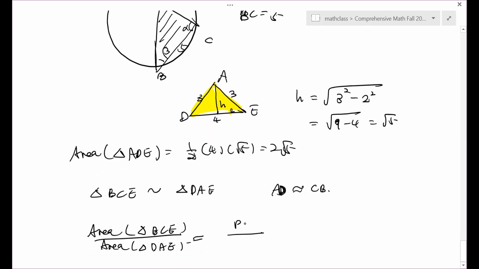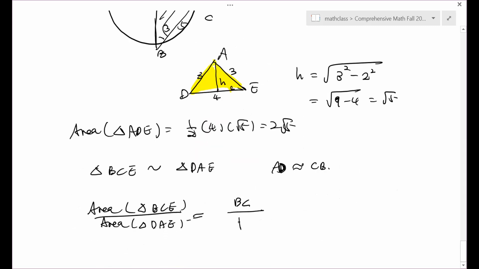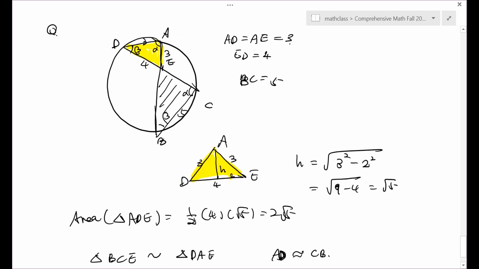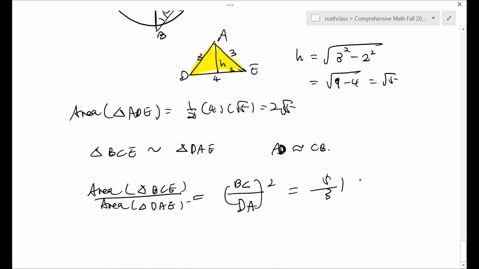So that should be equal to BC over DA, squared. BC is 5, AD is 3, so 5 over 3 squared.